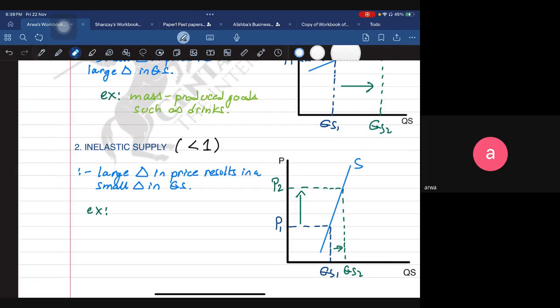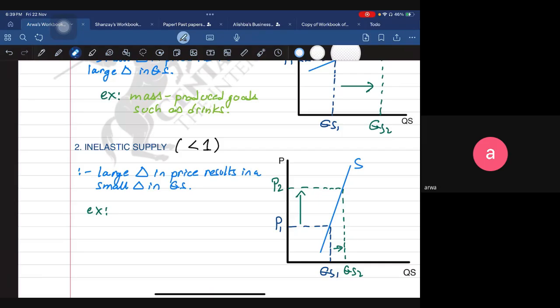Not sure of an example for this one. Think about it. The price is increasing, but they are unable to supply more.